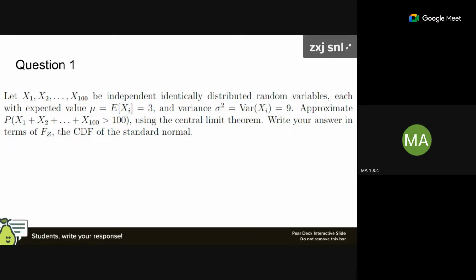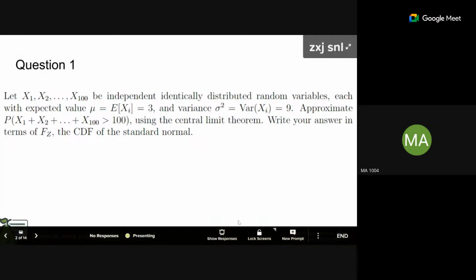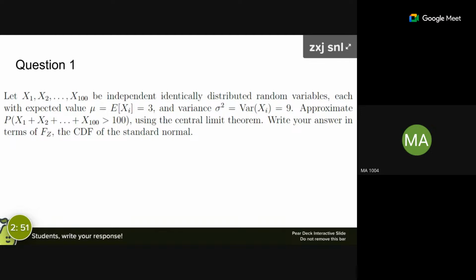So try yourself, then I will discuss it. You can answer, no need to find the exact numerical value. Just in terms of FZ is fine. That is the CDF of a standard normal random variable.